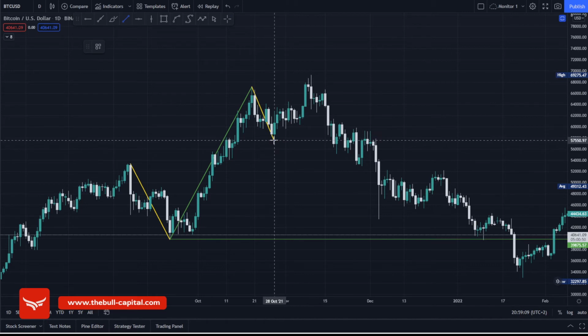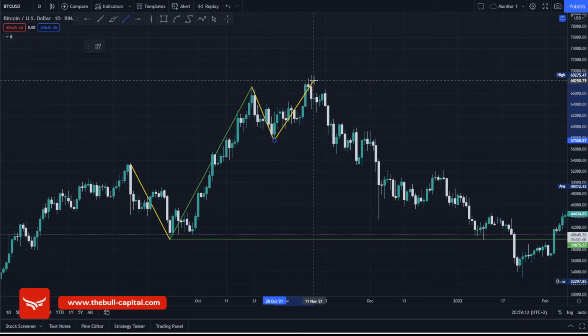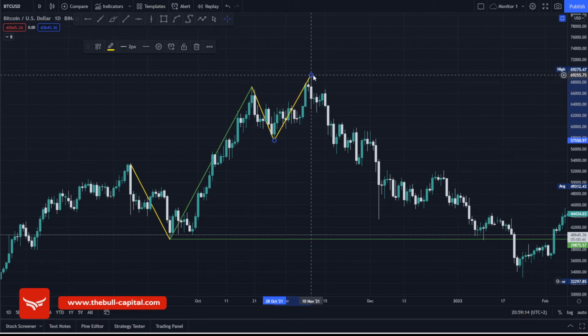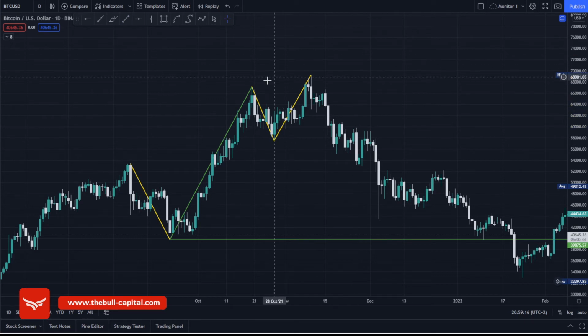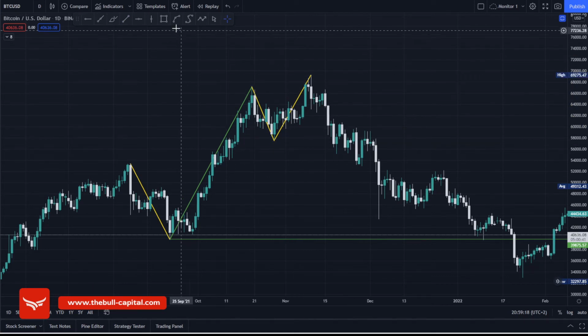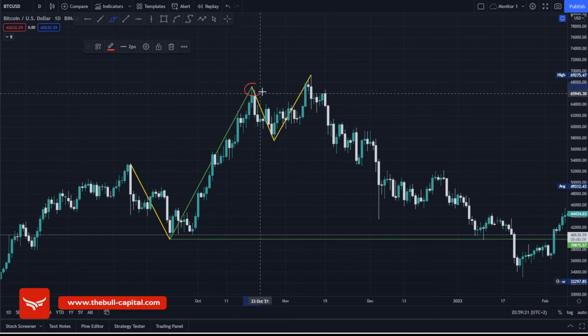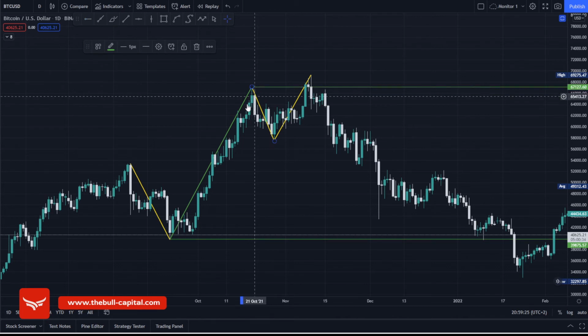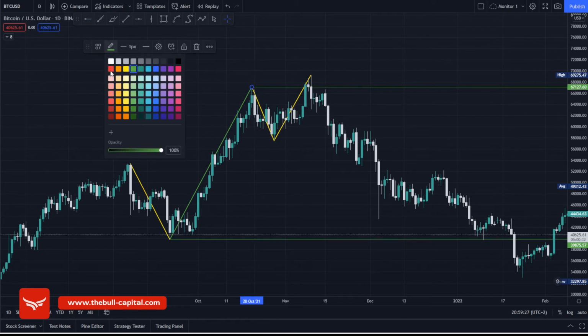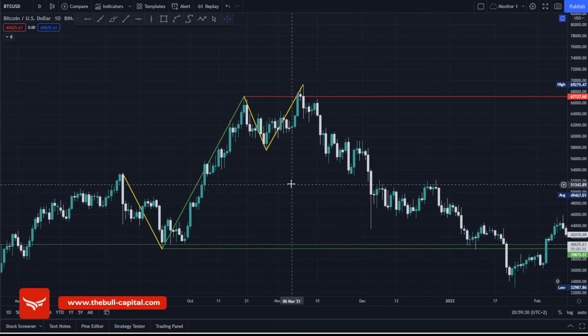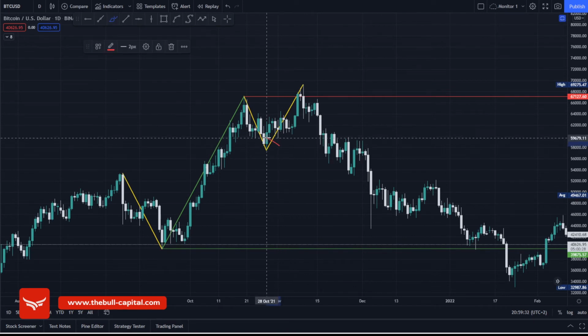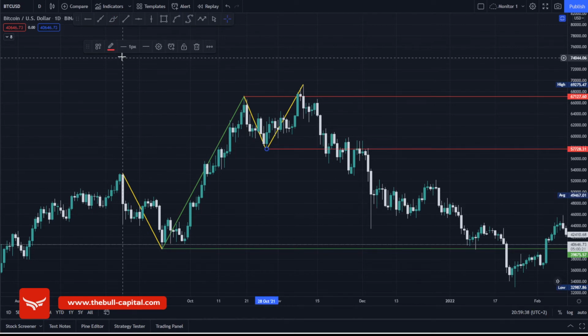From this lowest point we go to the highest point, and now we formed a peak here, and we're going to mark this as resistance. And here it formed a valley, and we're going to mark this valley as support with red.